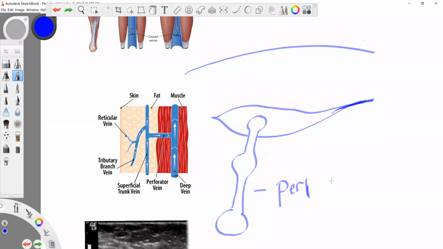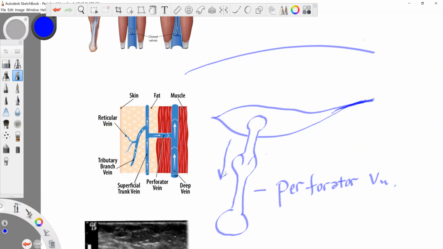Perforator vein, perforator with an F. And these guys have valves which allow blood to travel from superficial to deep.